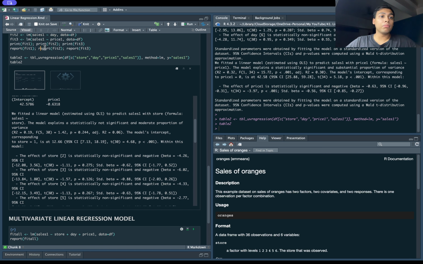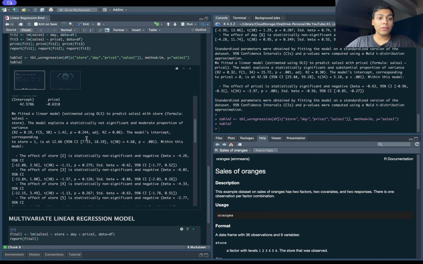output we got from report of all the fits, because this is quite detailed, and this is especially useful to get all statistics that you need for reporting in one single place. So you can see beta, confidence intervals, the t statistic, p value, standardized beta coefficient, standardized CI.